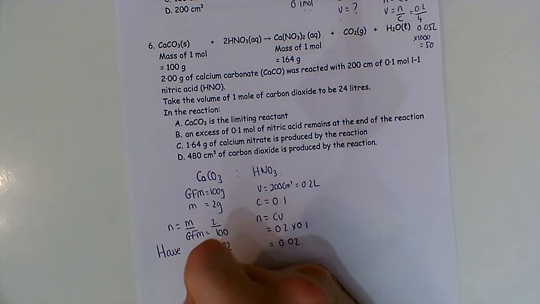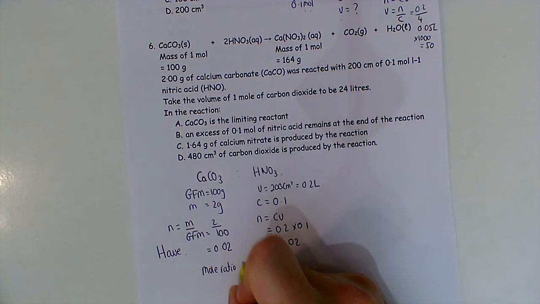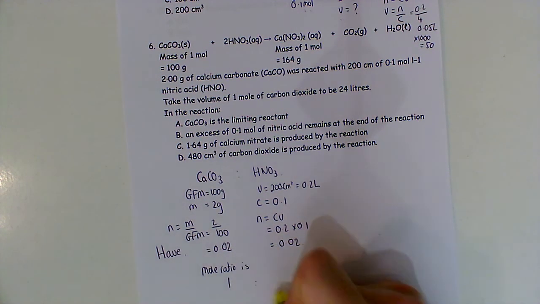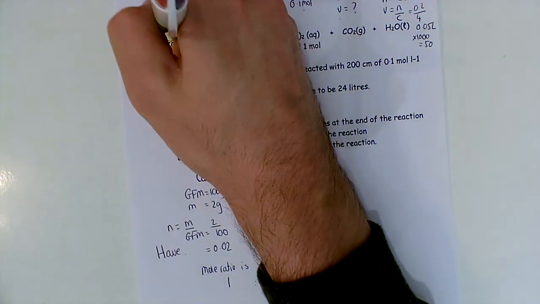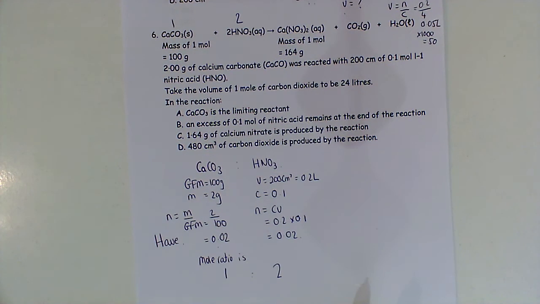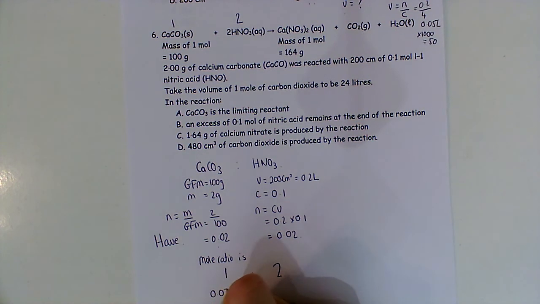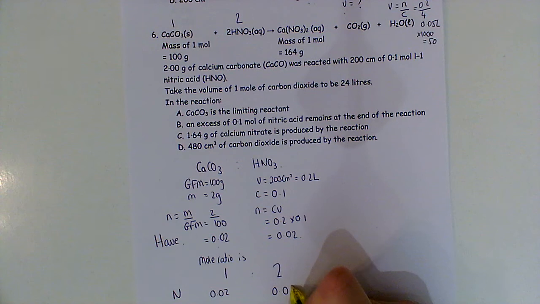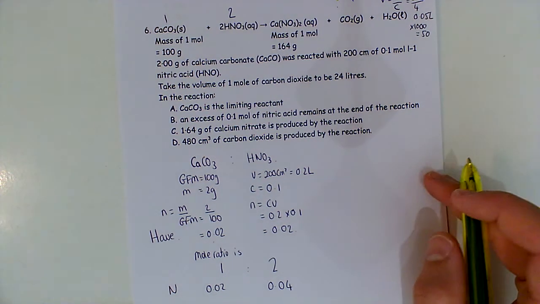Now my mole ratio is 1 to 2. That's from here, that's 1, 2. So I'm going to take one of these, my calcium carbonate. If I have 0.02, I am going to need 0.04 moles of nitric acid.